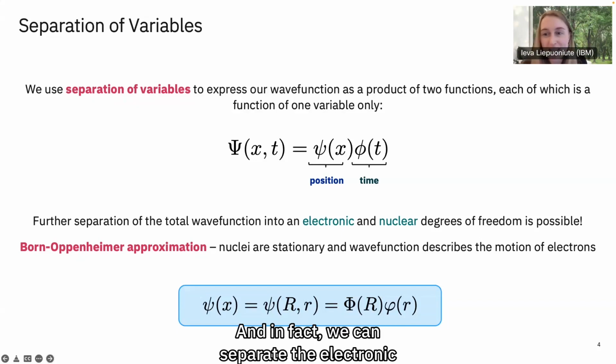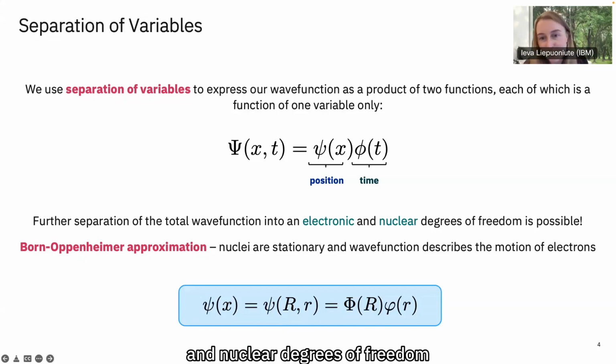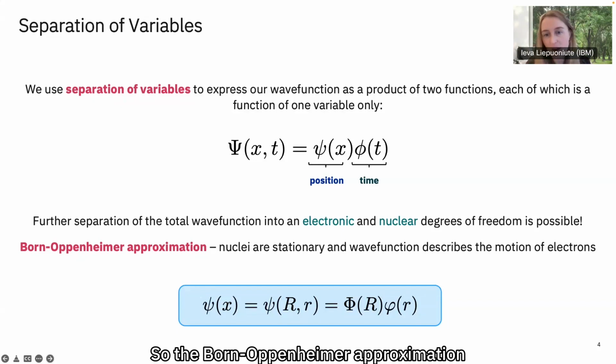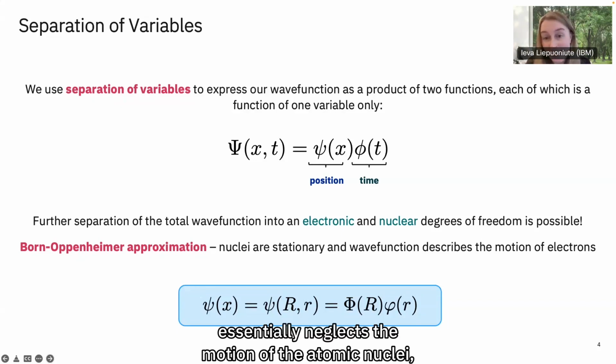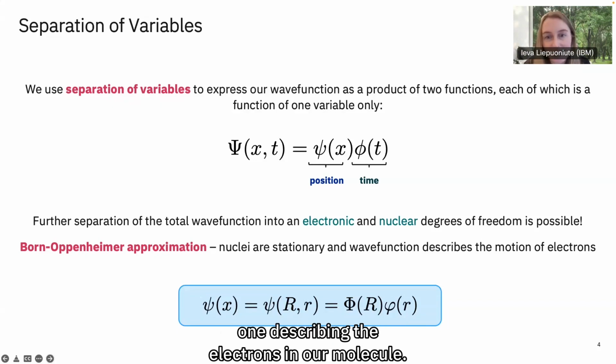We can separate the electronic and nuclear degrees of freedom as described by the so-called Born-Oppenheimer approximation. The Born-Oppenheimer approximation essentially neglects the motion of the atomic nuclei when describing the electrons in our molecule.